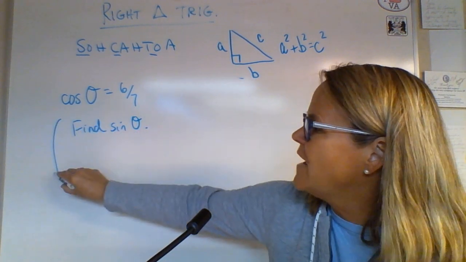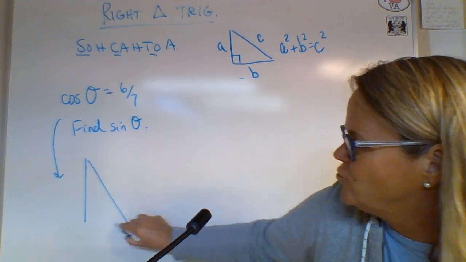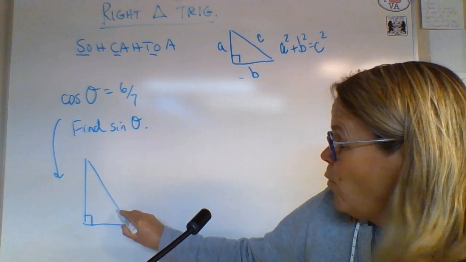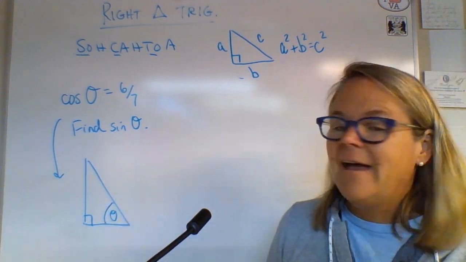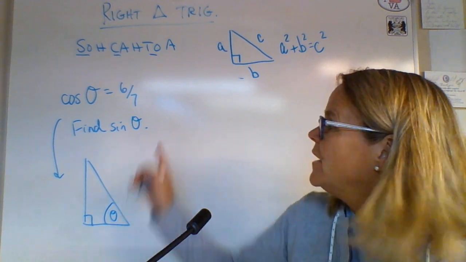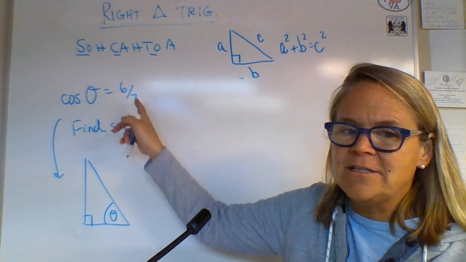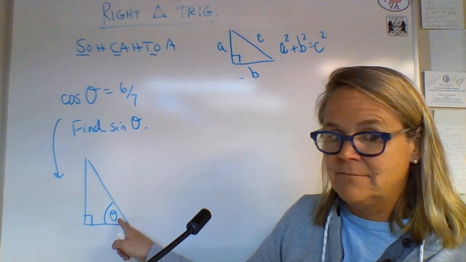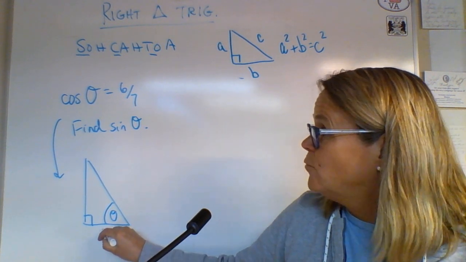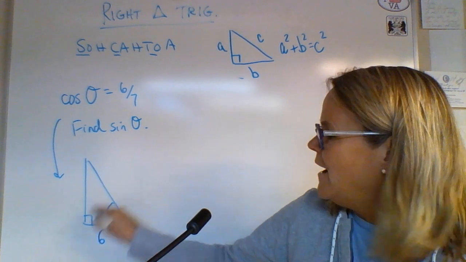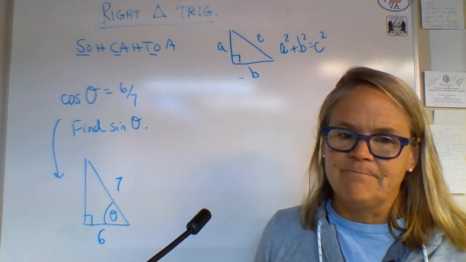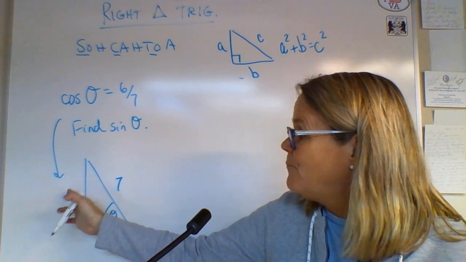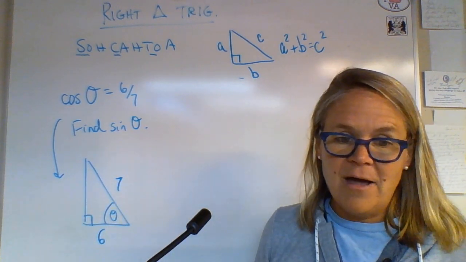So if the cosine is 6/7, you draw a right triangle, you put theta somewhere, and then you label it. Cosine is adjacent over hypotenuse. So adjacent to that angle would be 6. Hypotenuse would be 7.